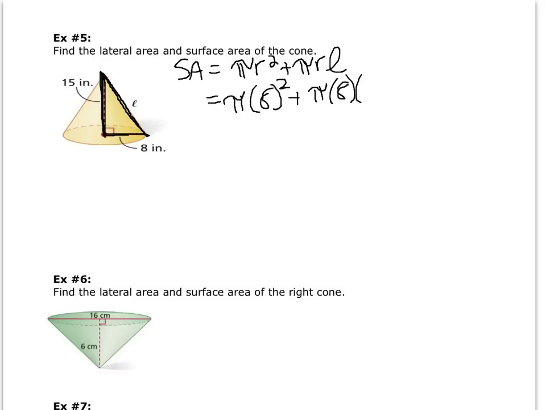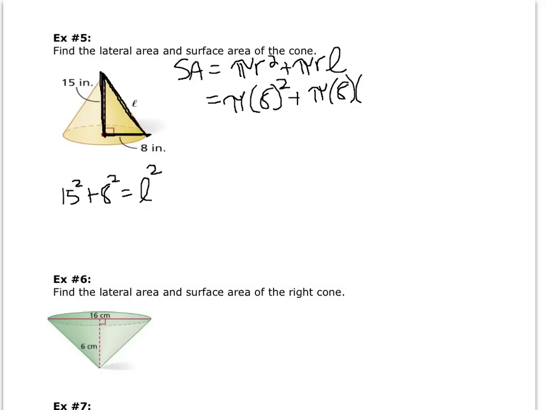I have a nice right triangle, and we know that when we have a right triangle where we are given 2 sides and we're missing 1, we can do the Pythagorean theorem. So I need to come down here and do a little side calculation. I'm going to do 15 squared plus 8 squared equals L squared.